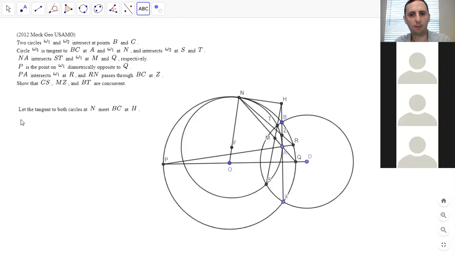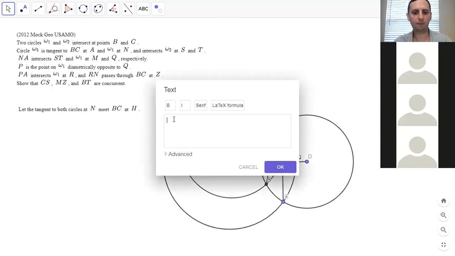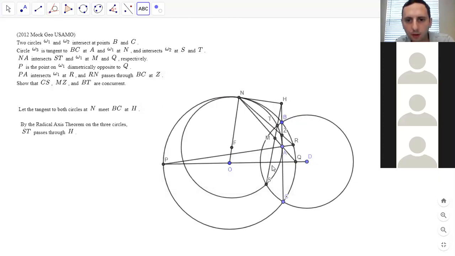By the radical axis theorem on the three circles, ST passes through H. And then we want to show that PBQC is harmonic.